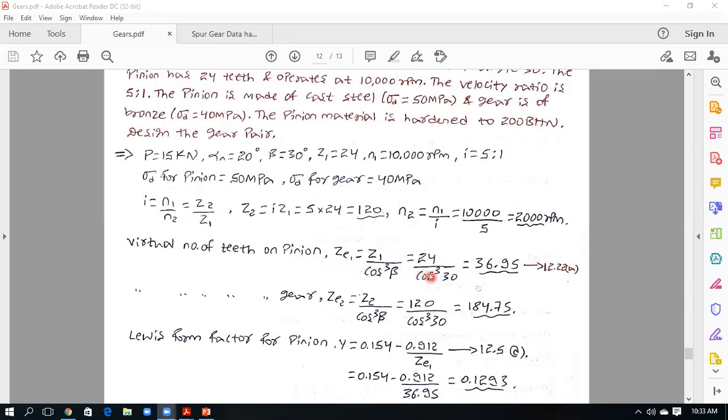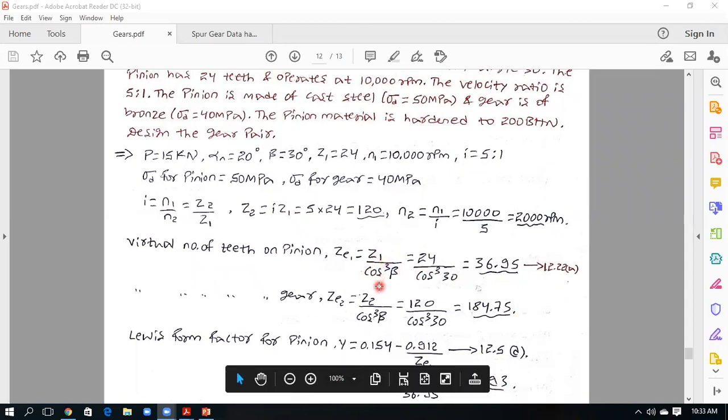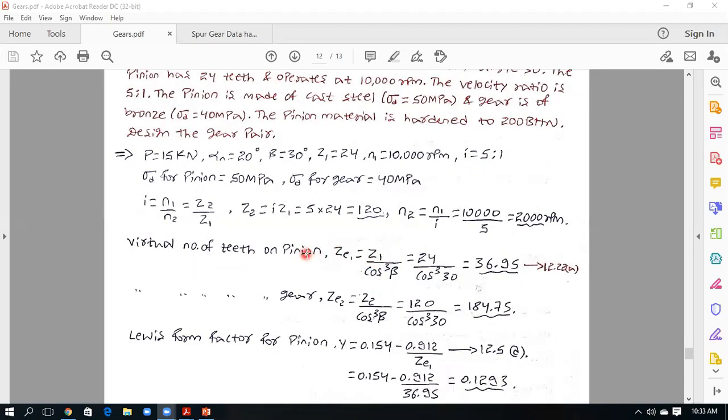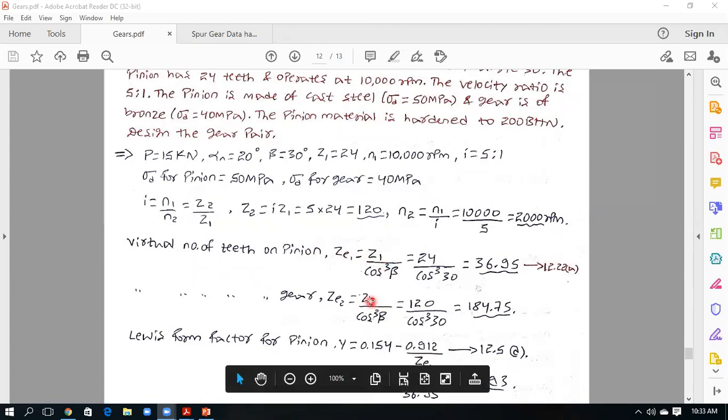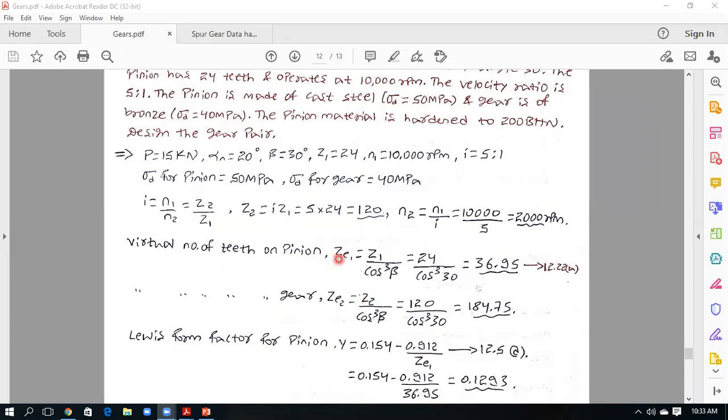This equation is there in the data book, 12.22a, where they have given Z' is equal to Z divided by cos cube beta. If you are finding the virtual number of teeth on pinion, you have to substitute it as Z1. If you are finding it for gear, the virtual number of teeth on gear, you have to substitute it as Z2. Therefore, virtual number of teeth on pinion is equal to Z1 by cos cube beta.